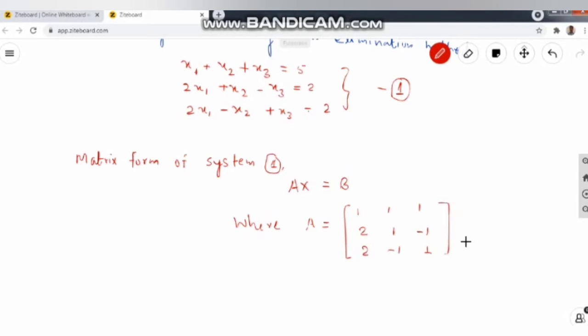This is the A matrix, X matrix is x1, x2, x3, and B matrix is the right hand side matrix, that means 5, 2, and 2.